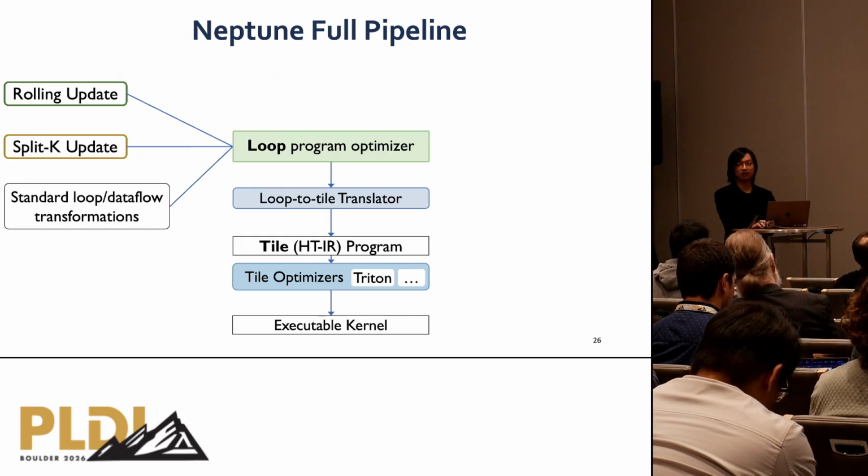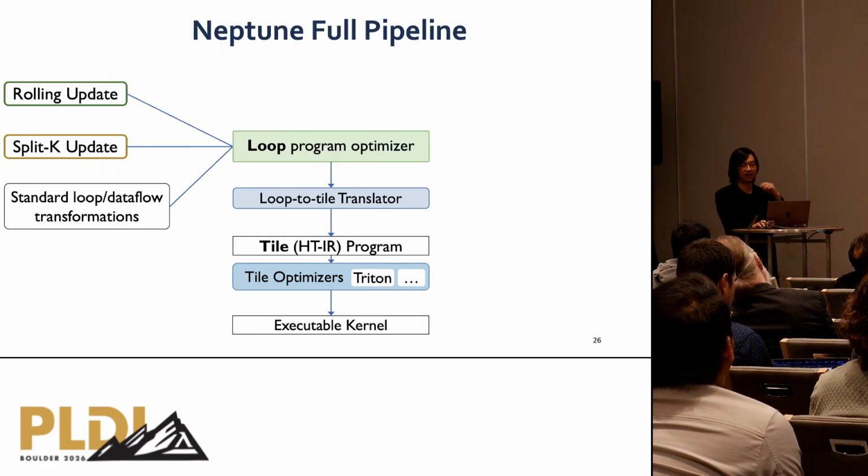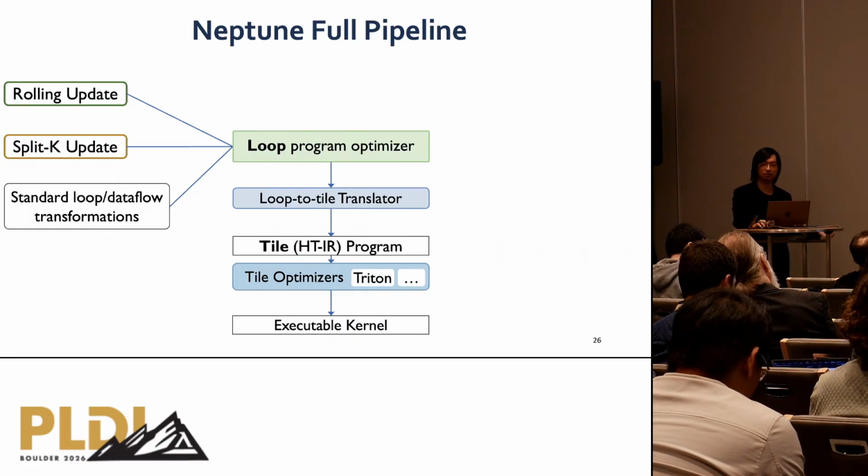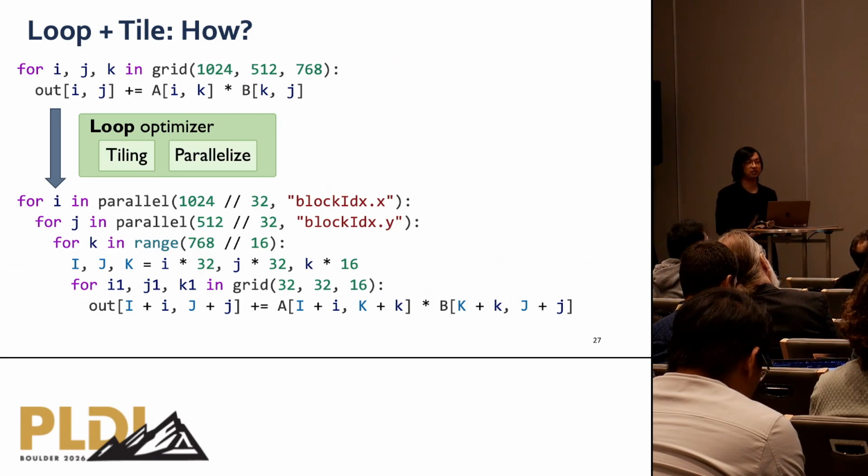Back to the full pipeline, a few words on this because there's an interesting design decision I wanted to show you. But before that, let's see how loop and tile programs can work together in the same pipeline. Just to make things even simpler, this is a matmul in Neptune's language.